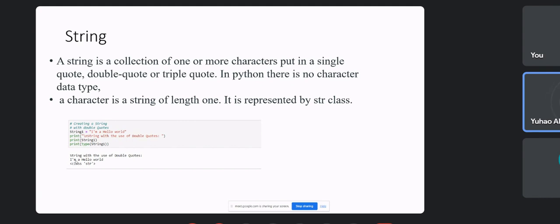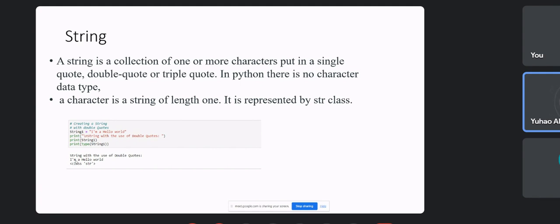For example, if we have categorical data like category A, category B, category C, this is regarded as string.